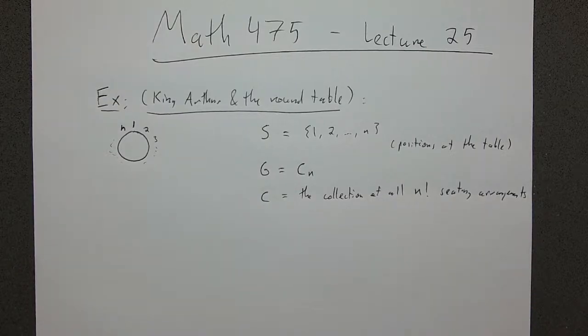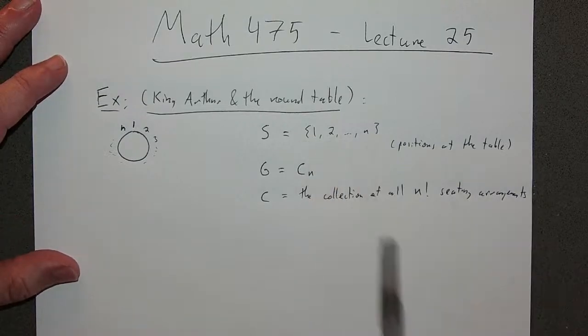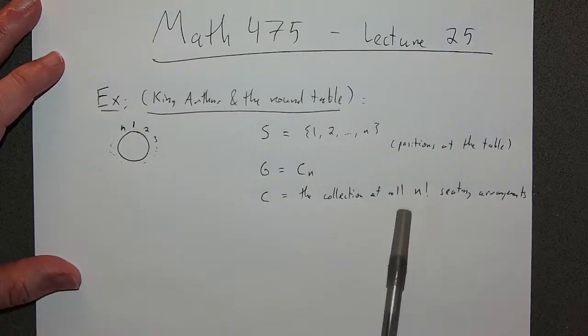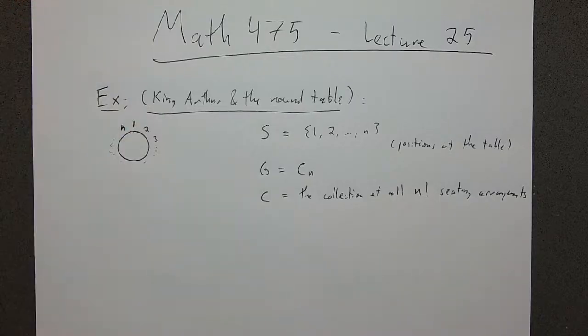We know that a seating configuration in this case is denoting what we will call a coloring, right? But the total number of seating configurations on n positions is just n factorial, the number of total permutations. And so C is the collection of all n factorial seating arrangements.